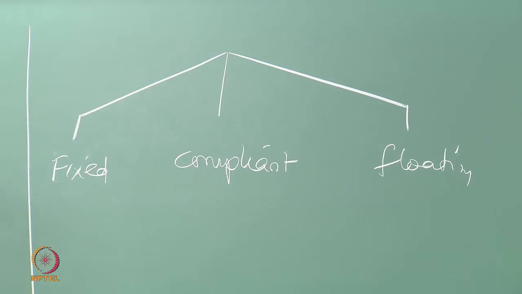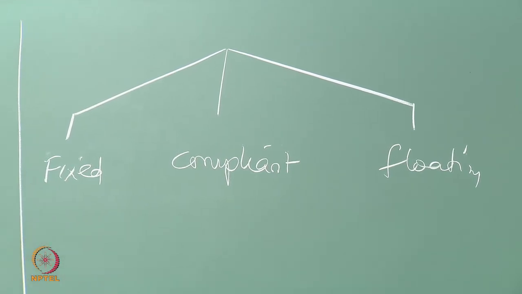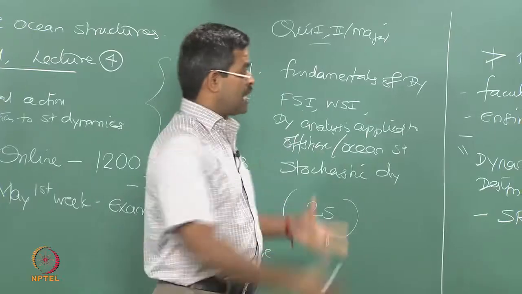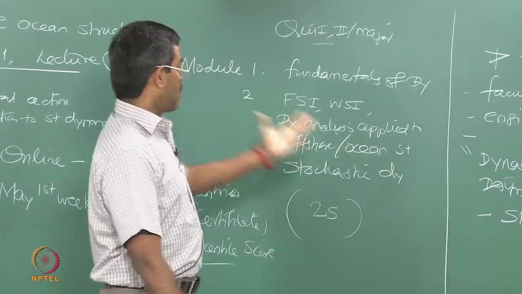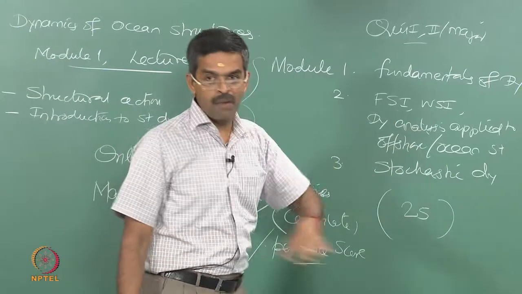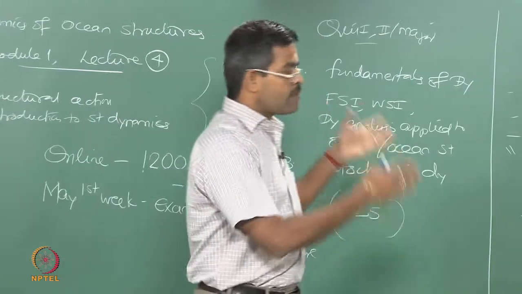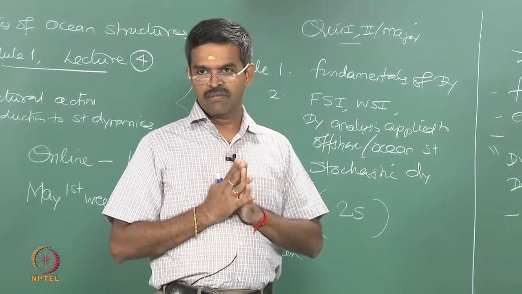Now, let us quickly see the differences in the structural action between them. You may ask me why we are interested in knowing the structural action differences before we talk about dynamic analysis. Dynamic analysis will come into play only when you have the structure ready to visualize.